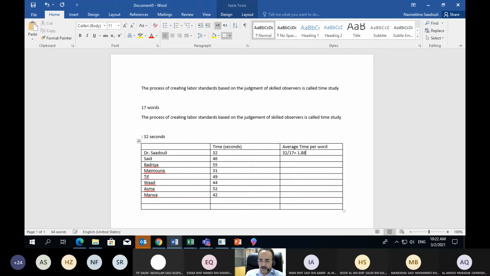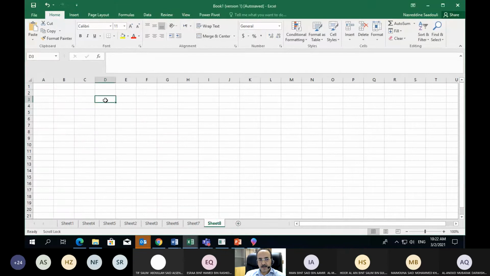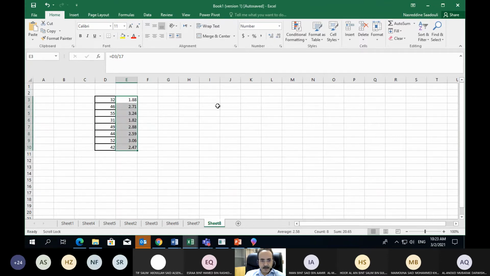So for instance, 46 divided by 17 is 2.705. Now, obviously, we can always be a little bit more efficient, and we can simply do this in Excel, very quickly. This is equal to this divided by 17. So that we don't waste too much time on this, let's have just 2 decimal points.